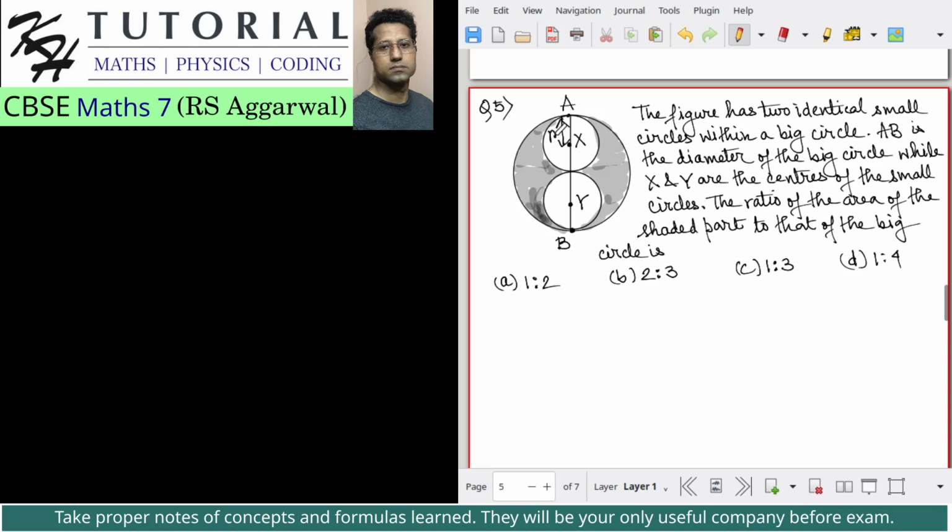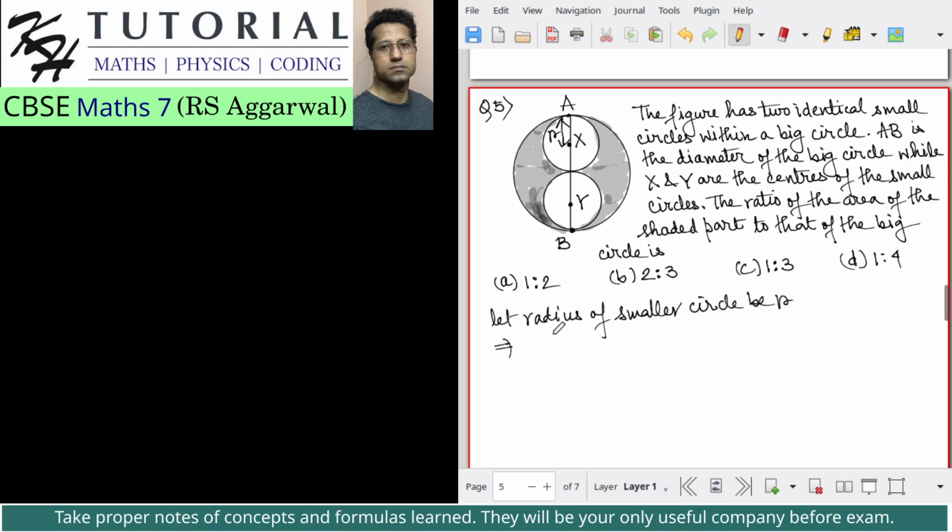this be r, that is AX. Let the radius of the smaller circle be r.